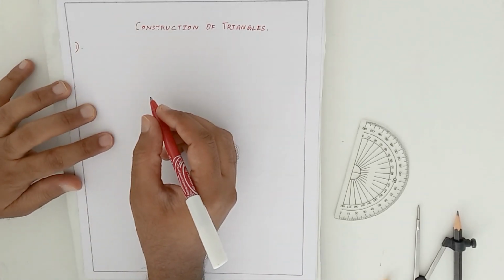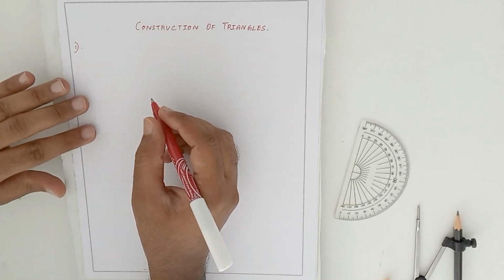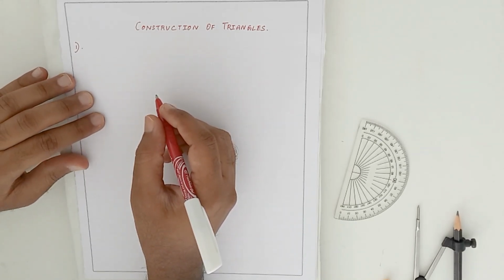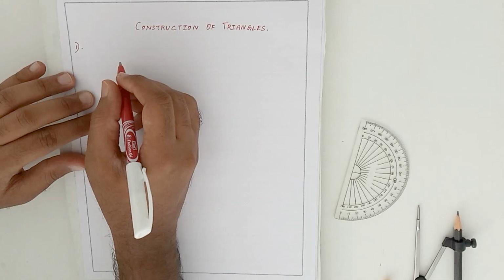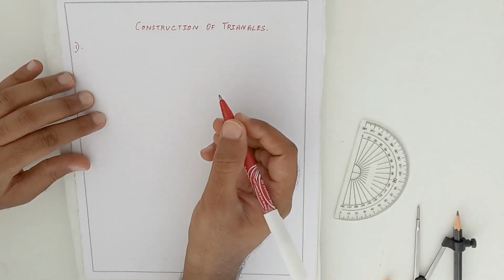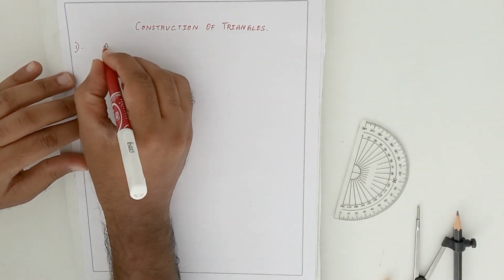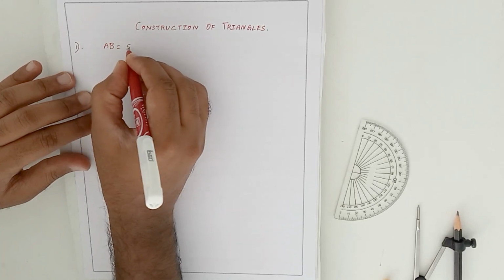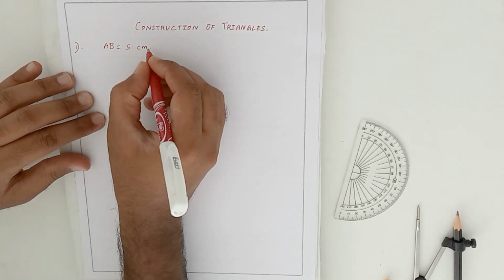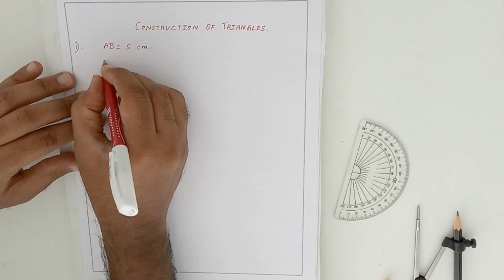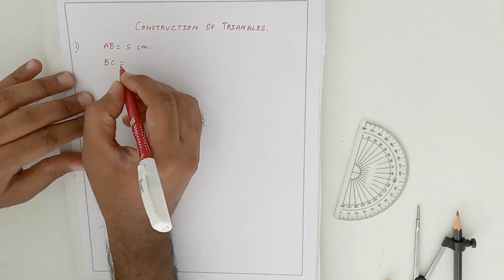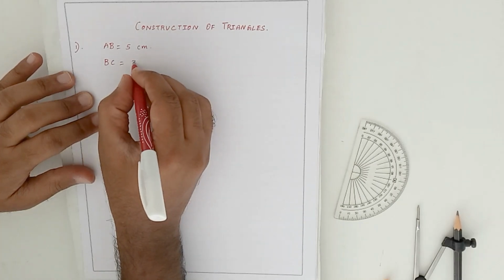Let us say the question is construct a triangle ABC where AB equals 5 centimeter and BC equals 3 centimeter.